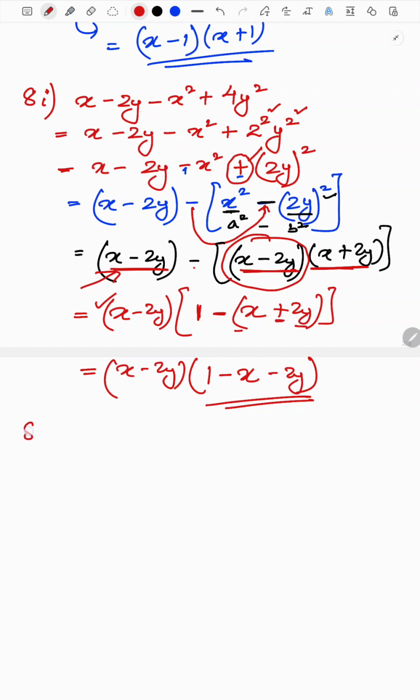Now question number 8.2. 8.2 is also very much similar to 8.1. So here I have 4a square minus b square plus 2a plus b. Okay, so here I will again make a pair and put them in bracket.